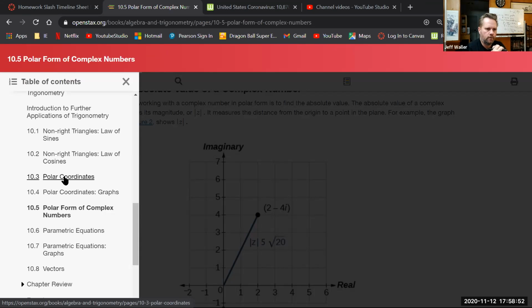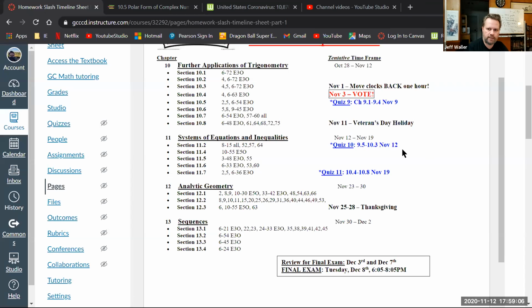So I'm not going to give you a cardioid to graph on this next quiz. It will be Tuesday, and it will be 9.5 through 10.3, just like it says on the homework sheet. The only thing that's changing is the date. Is that understood?